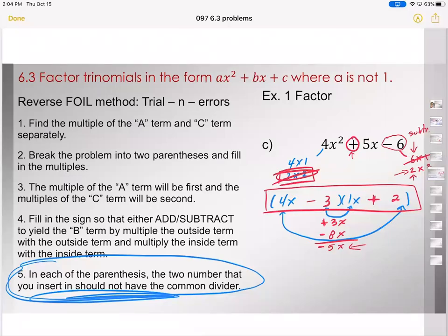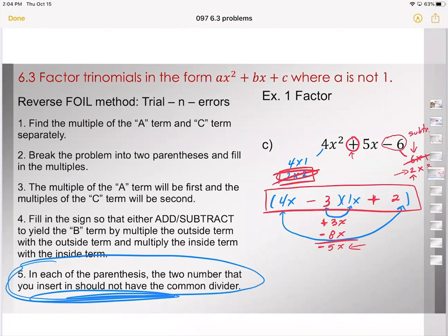We did this problem, and I mentioned that again, we need to find a multiple of each of the A term and each of the C term, so that when you mix and match, you multiply the inside and multiply the outside together so that you can add them up or subtract them to give you the middle term.